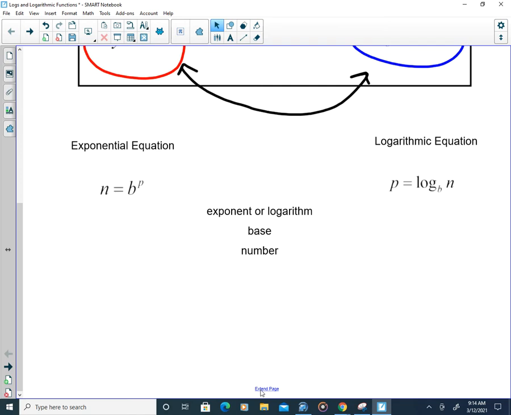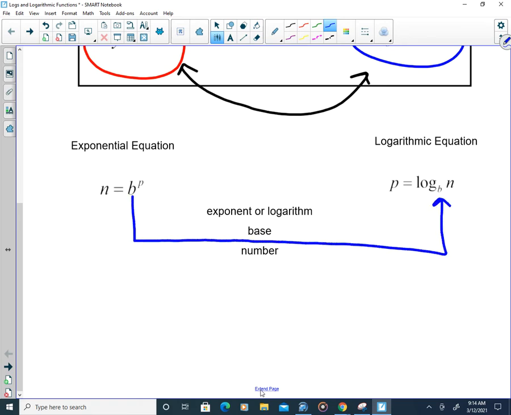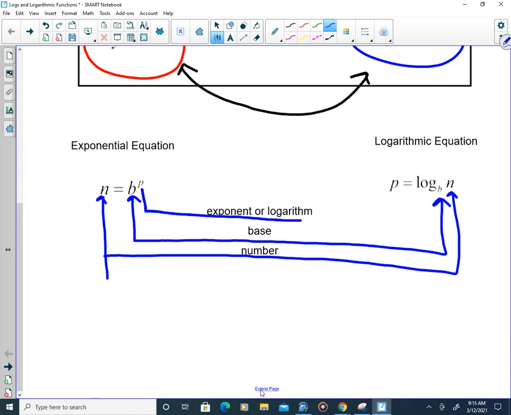Well, the base of your exponential equation is also the base of your logarithm. Okay, the b stands for the base. And in the exponential equation, that n value is going to be the number that you're taking the log of. And then your exponent is what the logarithm is equal to. So just study this little pattern.